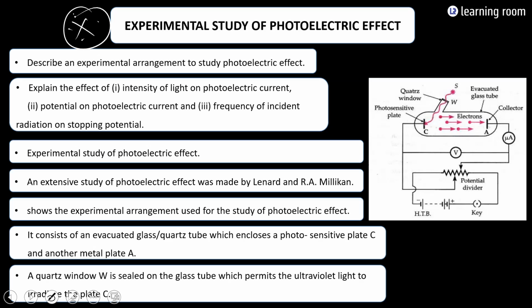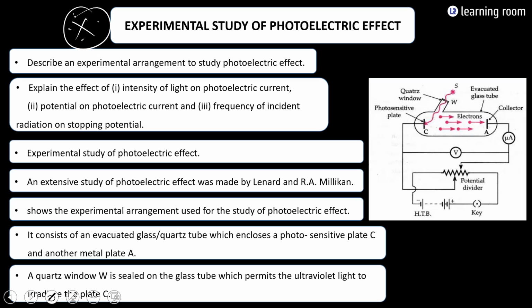It shows the experimental arrangements used in the study of the photoelectric effect. It consists of an evacuated glass or quartz tube, which encloses a photosensitive plate C and another metal plate A. A quartz window W is sealed on the glass, which permits the ultraviolet light to get past and fall on the point C.